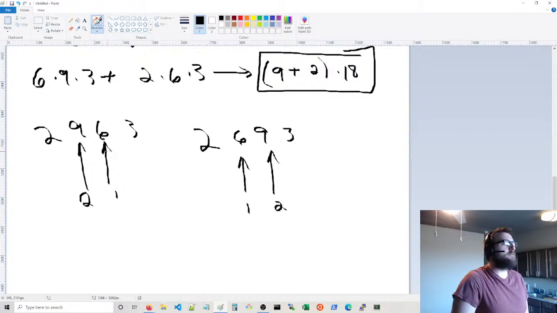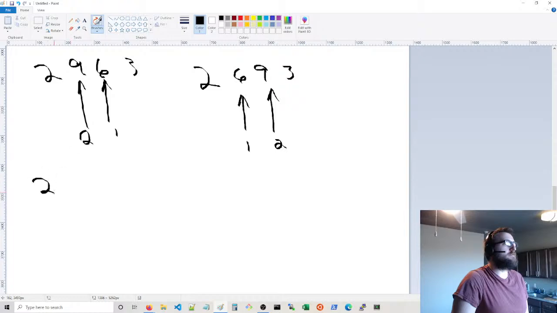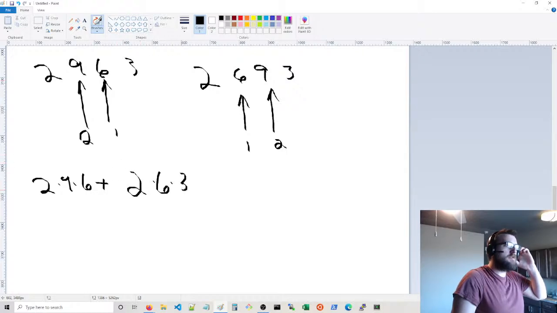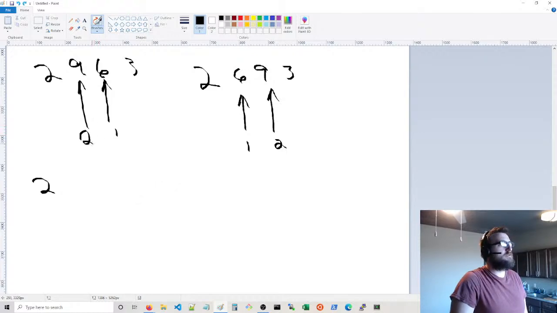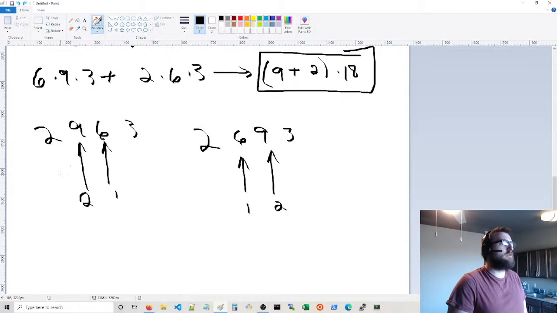But the problem is that this gives you 296 plus 263. Or no, excuse me, other way around, 263. So it works for this case, 2963. This one checks out.